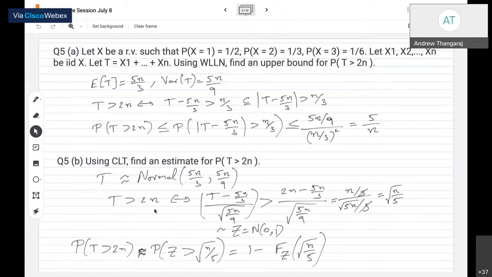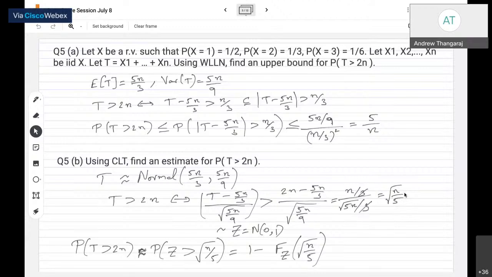After that, calculating the probability is the classic probability calculation for a normal distribution. So T greater than 2n, how do I do it? I convert it into the standard normal. How do I convert it into standard normal? T minus 5n by 3 divided by root 5n by 9. So T greater than 2n is equivalent to (T minus 5n by 3) by root 5n by 9 greater than (2n minus 5n by 3) by root 5n by 9, isn't it?